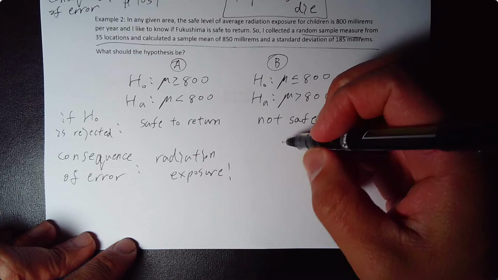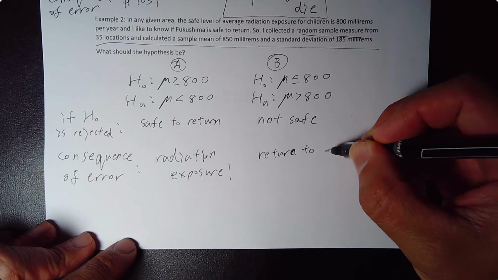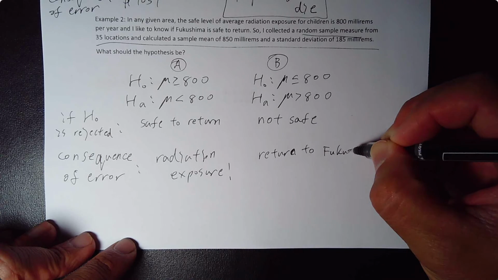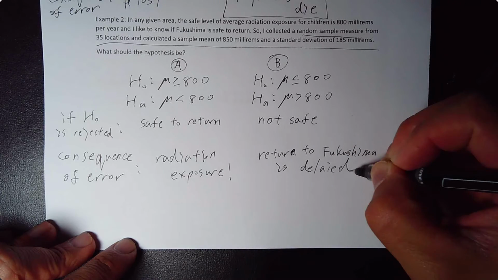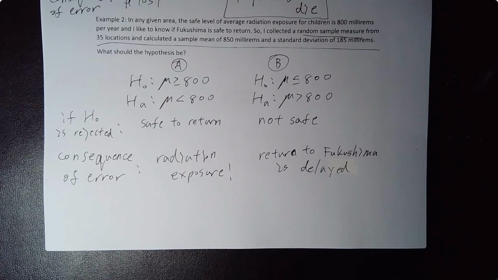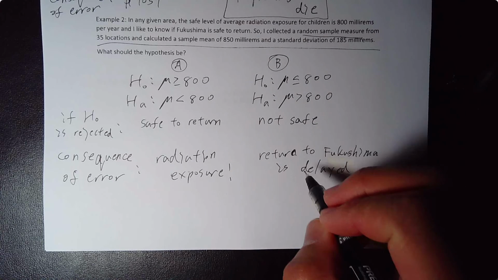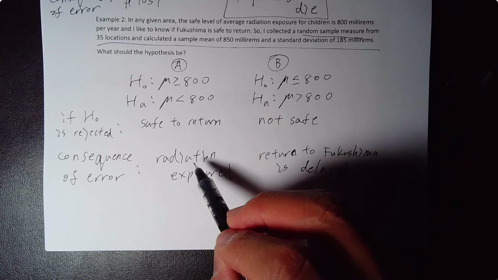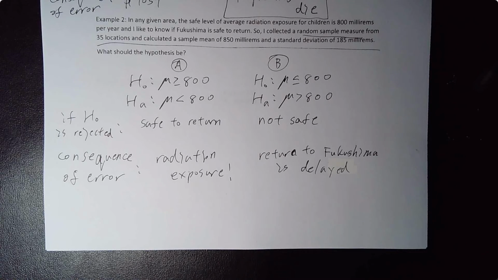Well, the return to Fukushima is delayed. Now there could be financial consequences of that, but I think one can argue that overexposure to radiation for children is going to be a worse consequence than delaying the return to Fukushima.